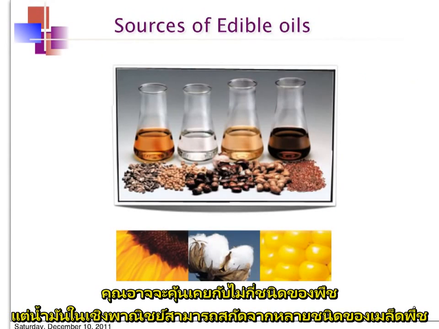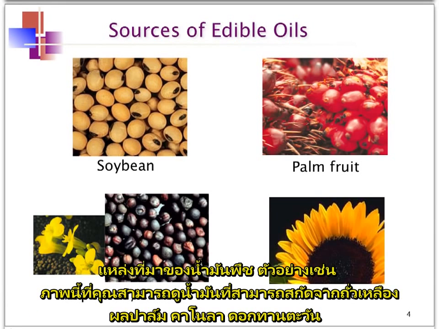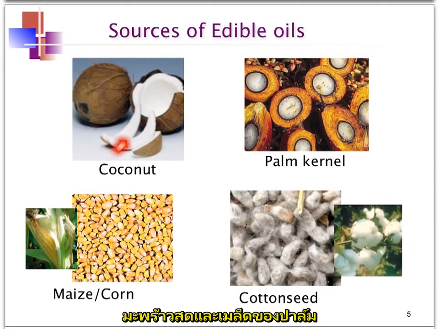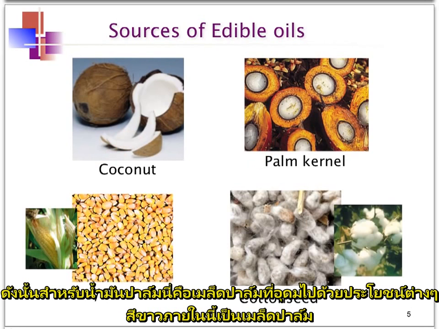You may be familiar with a few types of vegetable oil, but commercial oil can be extracted from various types of seed and fruits. For example, on this slide you can see that oil can be extracted from the soybean, from the oil palm fruits, from canola, from sunflower, from the coconut flesh, and from the palm kernel. For the oil palm, this is the oil palm fruit.